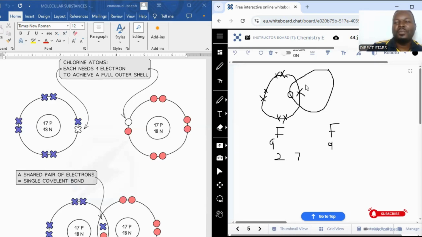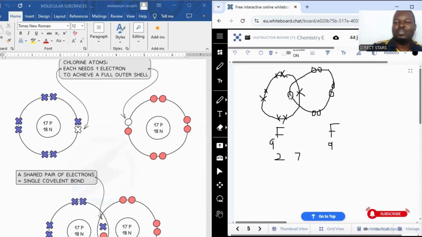So this also has 7. I'm using another symbol so that we know these are the atoms of the other fluorine. Now if you count what each has, you've achieved stability.